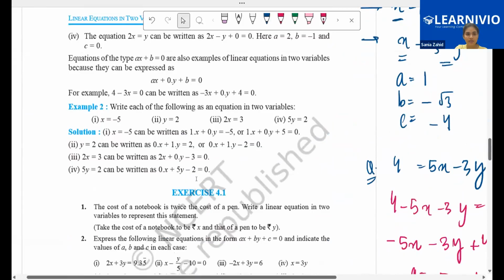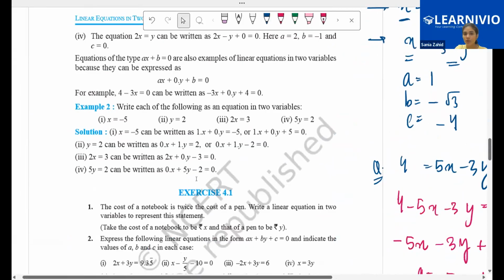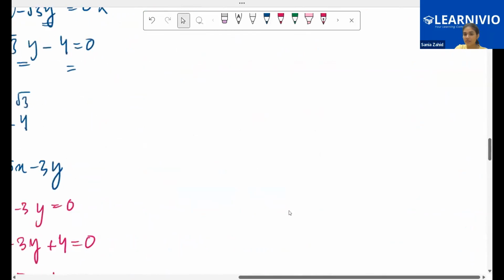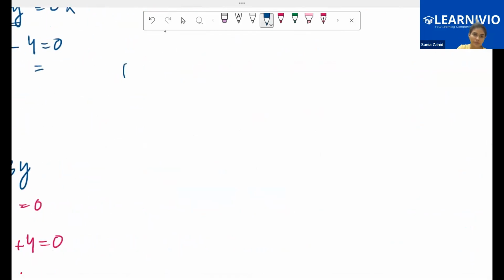Now we have: write each of the following as an equation in two variables. Okay, now how are you supposed to write x is equal to minus 5 as an equation in two variables? How will you write it? See, what is the value of x here? x is equal to minus 5. Okay, first you do one thing.